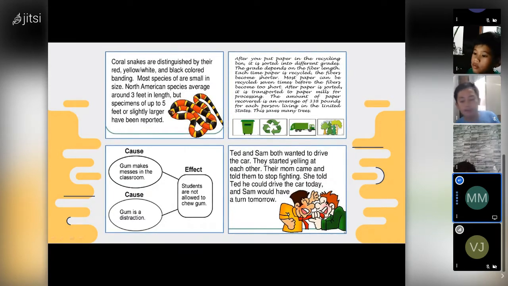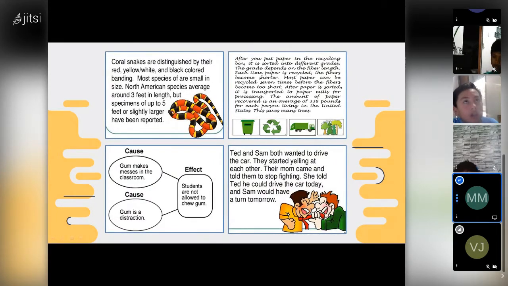Again, can you tell me the text structure examples? First is the one that describes: description text. The second one, how about the one that shows a process? Instructional or sequence text.